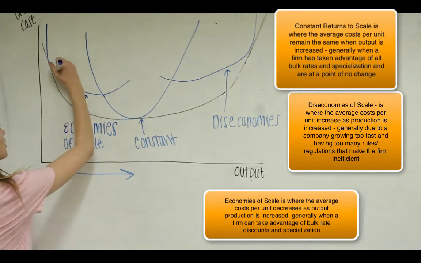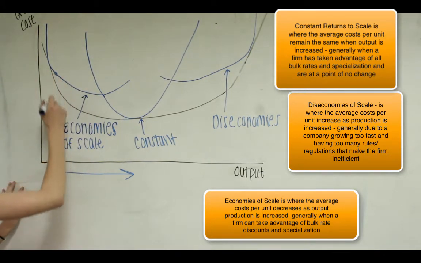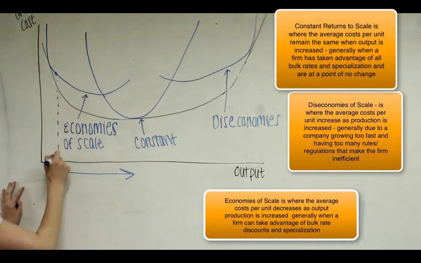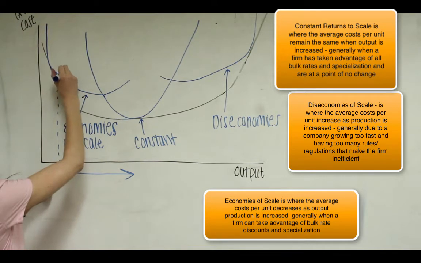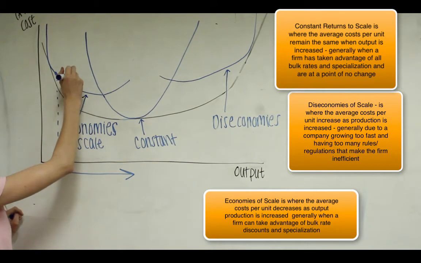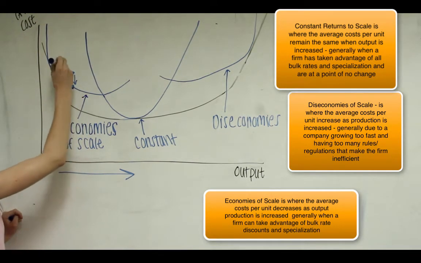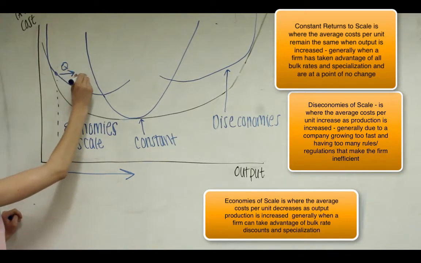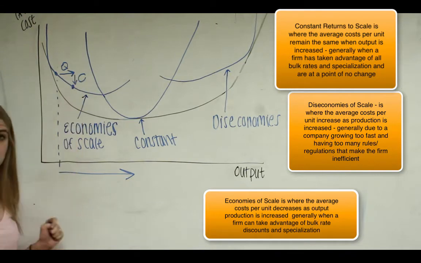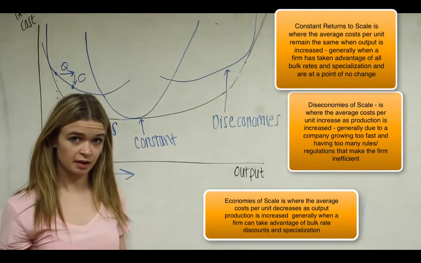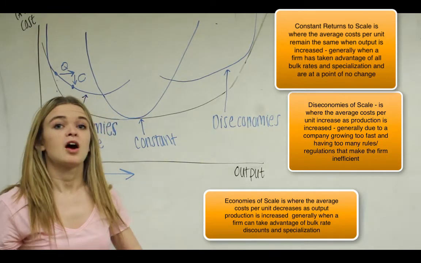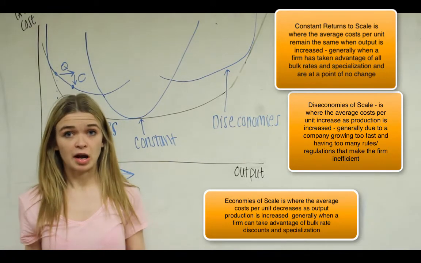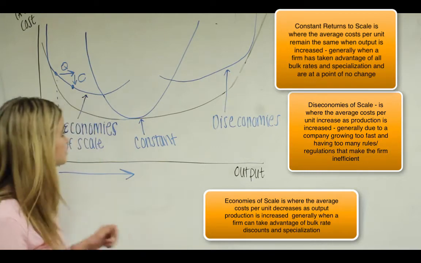So as we make more, if we were, let's say, at this output, when we move to this output, our output quantity is increasing and our cost is decreasing. So in an economy of scale, our long-run average total costs are decreasing as our output increases.